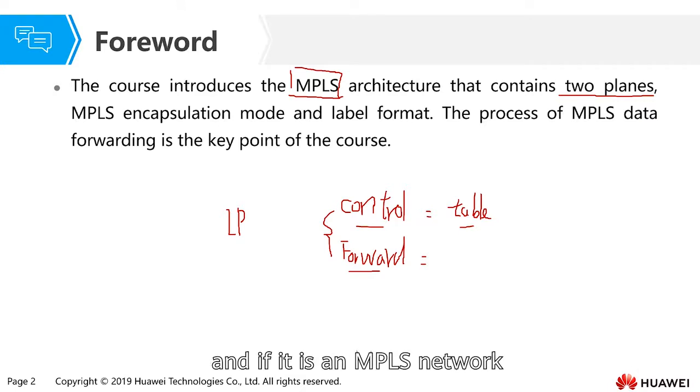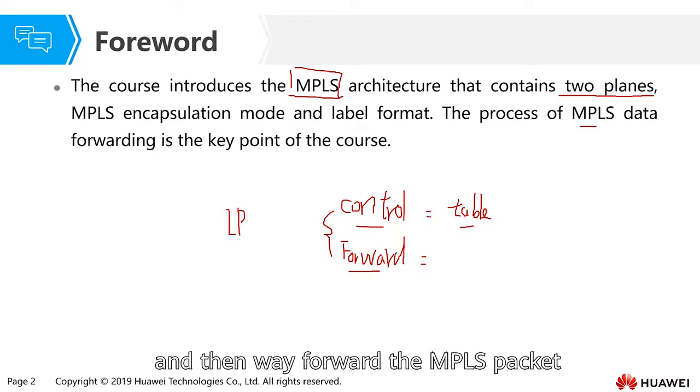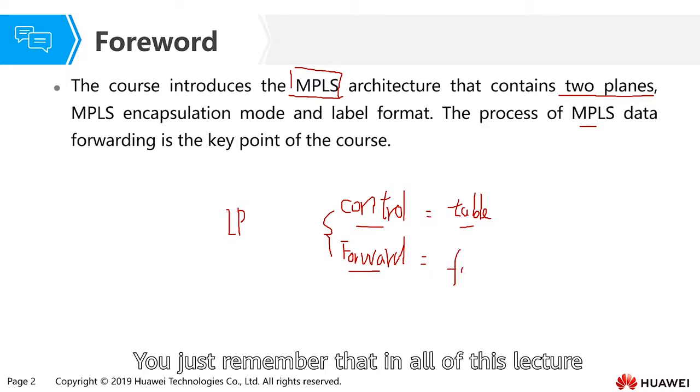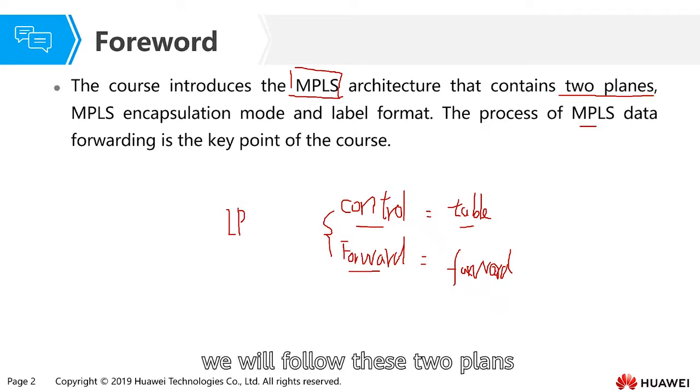If it is an MPLS network, we search the MPLS label switching table and then forward the MPLS packet. So just remember, throughout this lecture we will follow these two planes, the control plane and the forwarding plane.